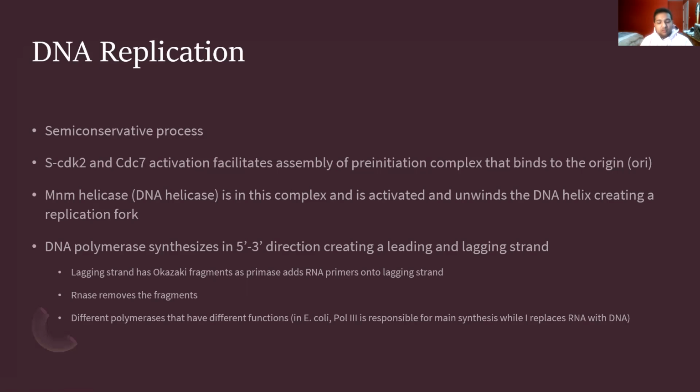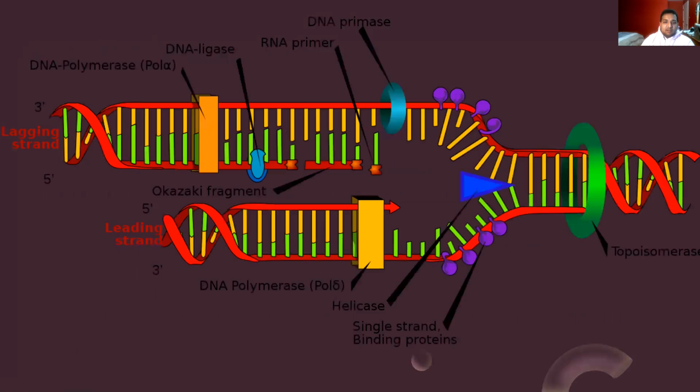It creates a replication fork, because we don't unwind all of it. I have a picture somewhere. Here. This is kind of what a replication fork looks like. Right here, this is considered the replication fork.